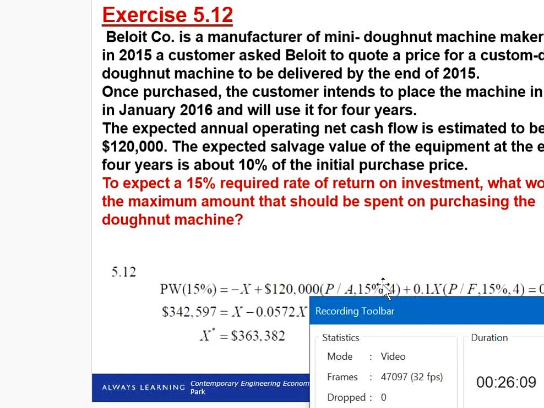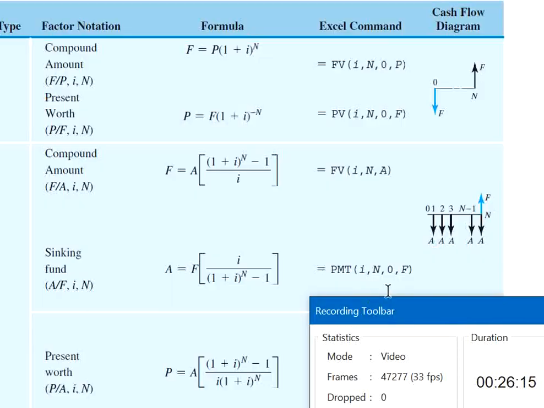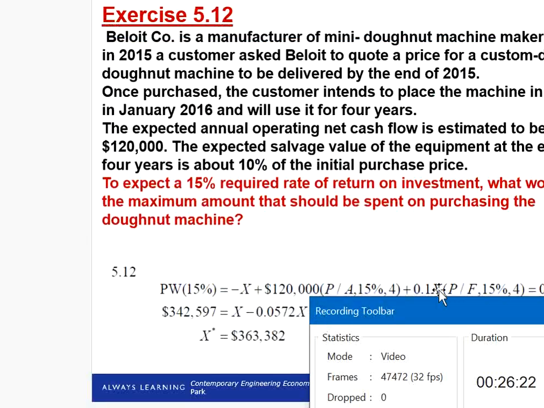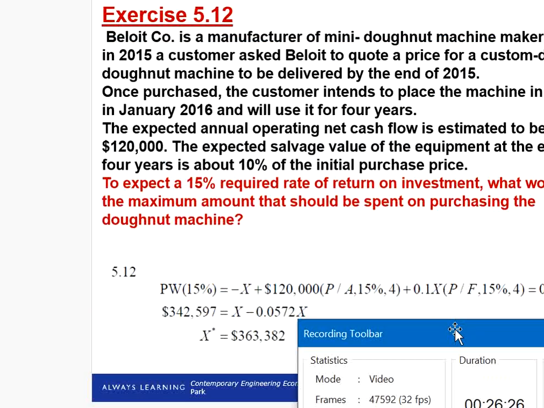This is the rule we use to calculate this question. The present value of 120,000 is P multiplied by this factor. This method we use to calculate the present value of an annuity. And for the salvage value, it is 0.1 of X, right?